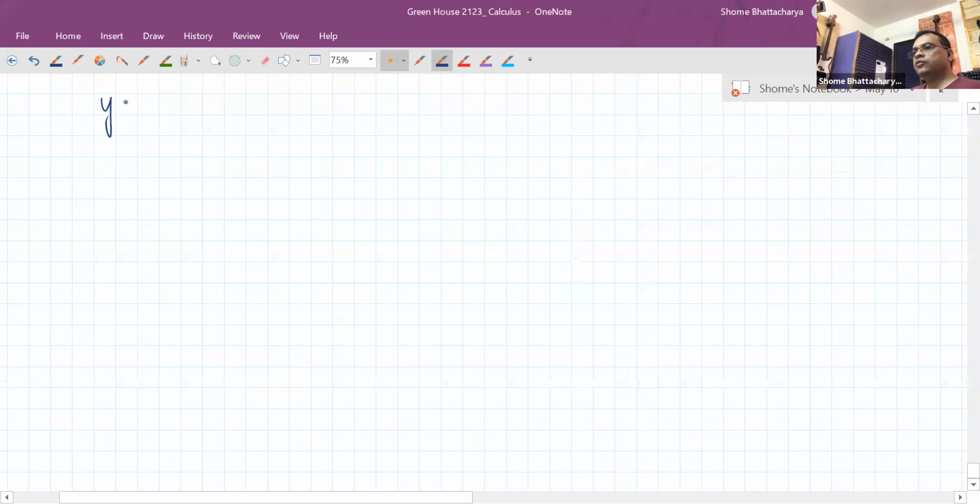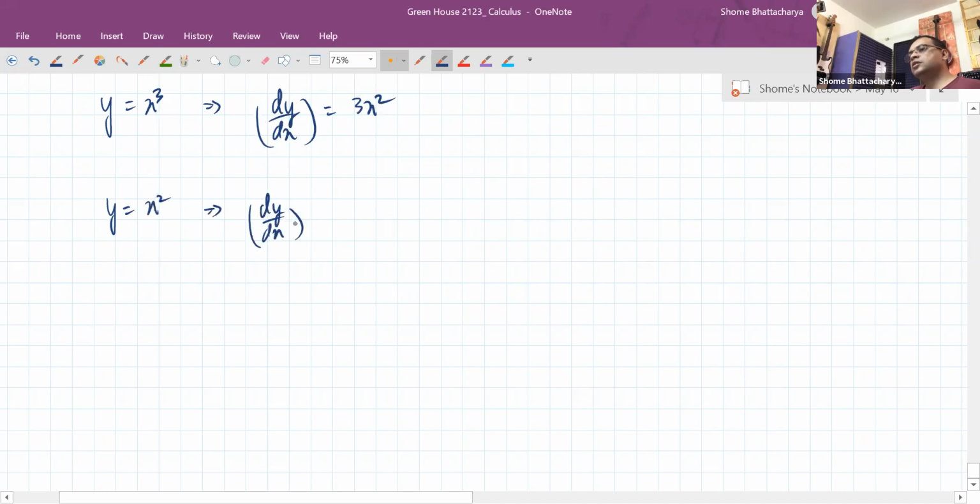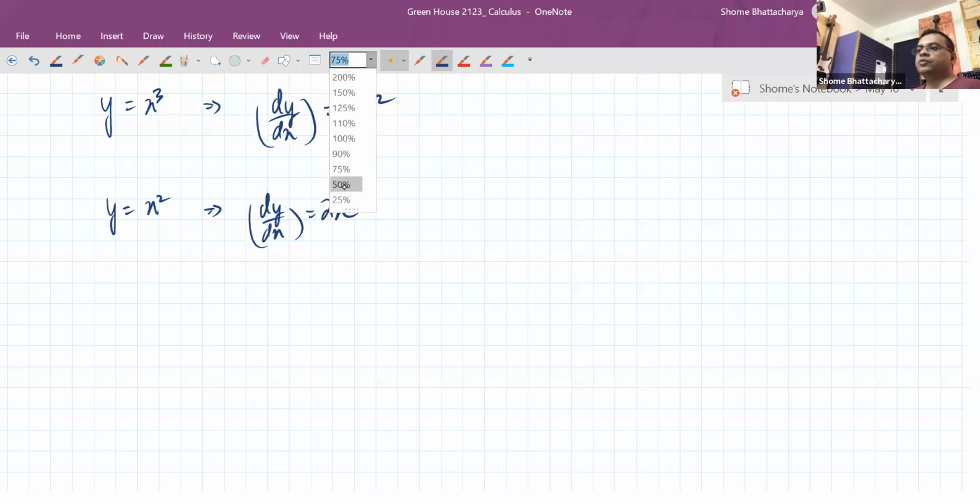For y equal to x cubed, the instantaneous rate of change is given by 3x square. For y equal to x square, the instantaneous rate of change is equal to 2x. Okay. Now let's interpret these results geometrically.